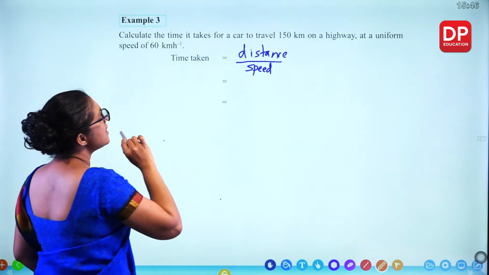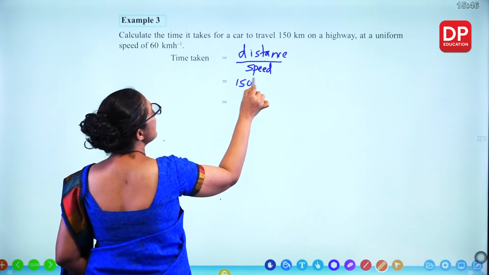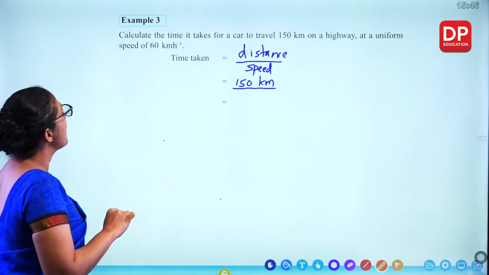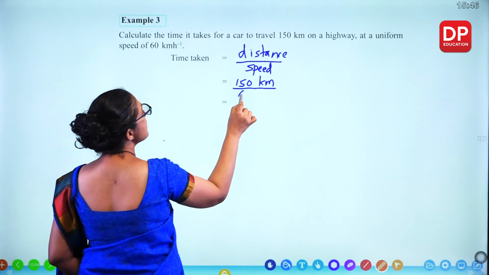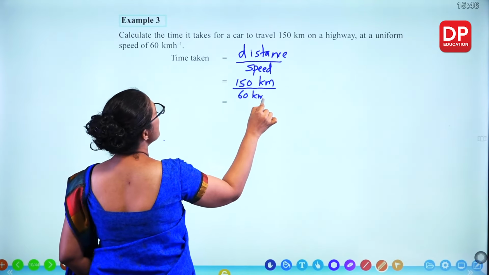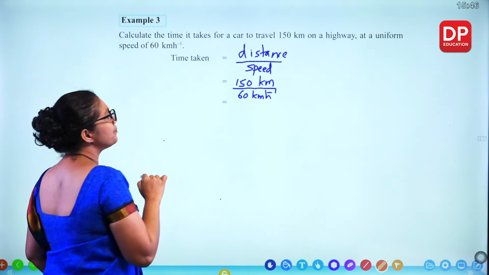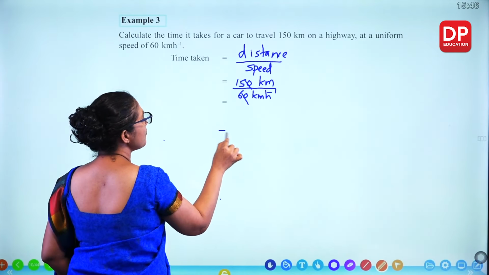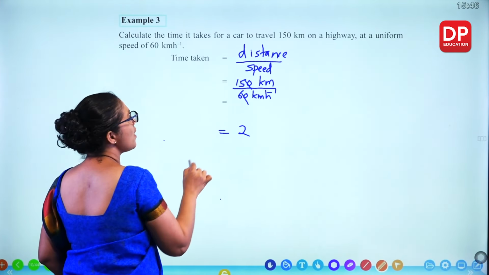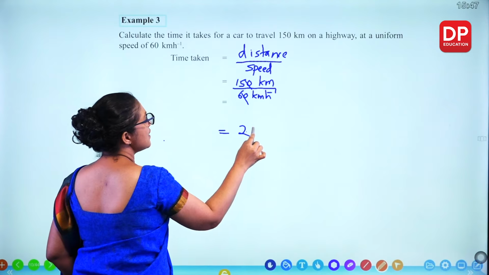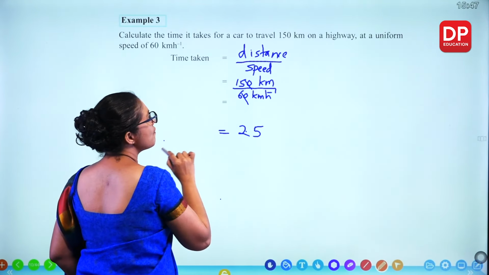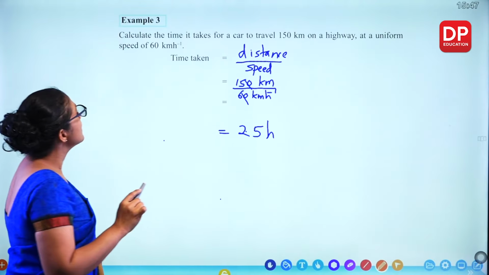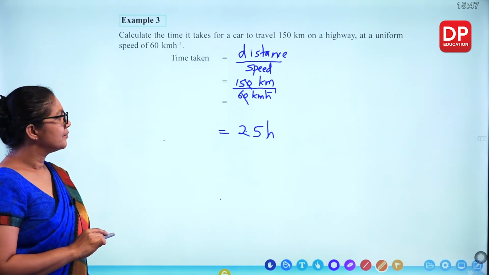Distance travelled is 150 kilometers and speed is 60 kilometers per hour. When you simplify, what do you get? 6 times 2, 12. For 30, that's 5. 2.5 hours is the time taken.